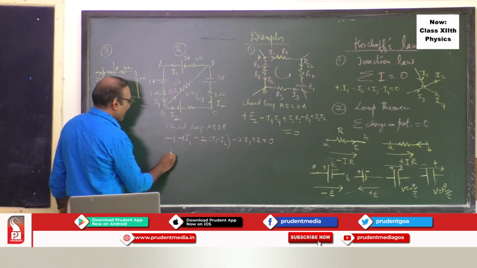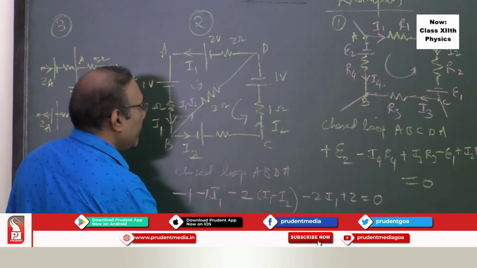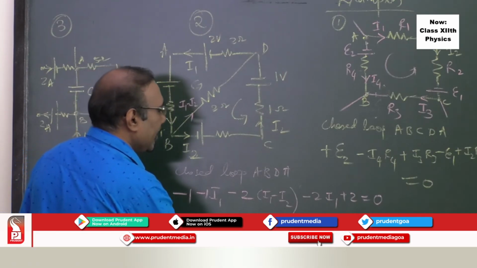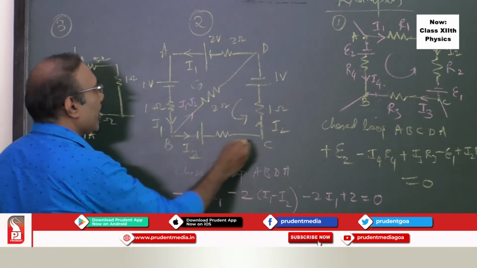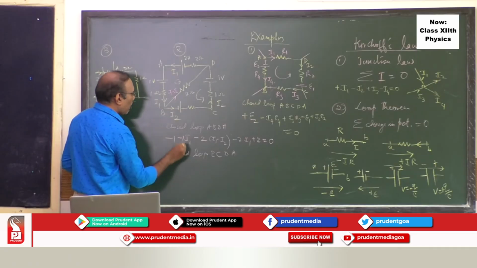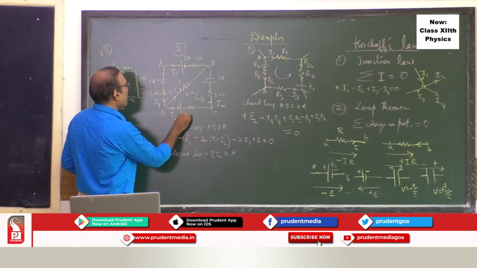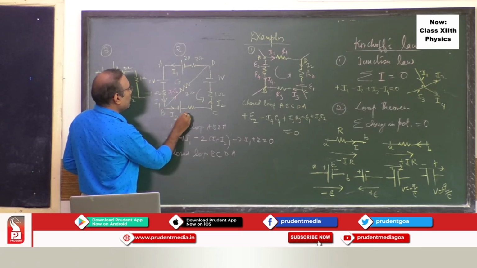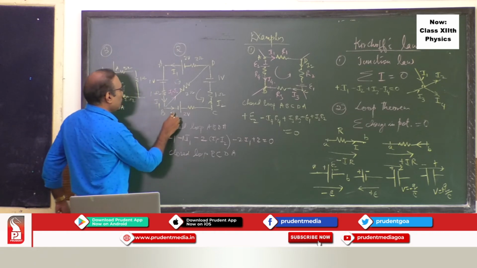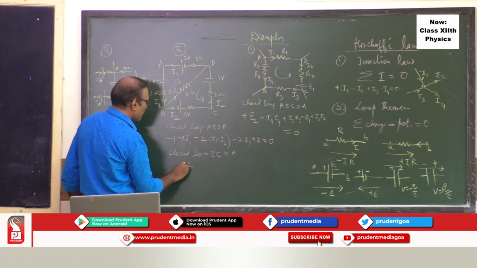Then I can take a closed loop B, C, D, A, and start from here, from negative to positive. This is, suppose, 2 volt. So this is negative to positive, so you take plus 2.